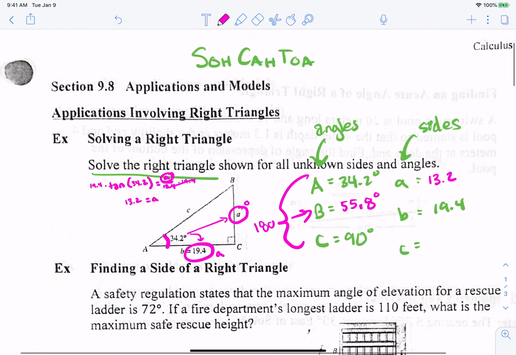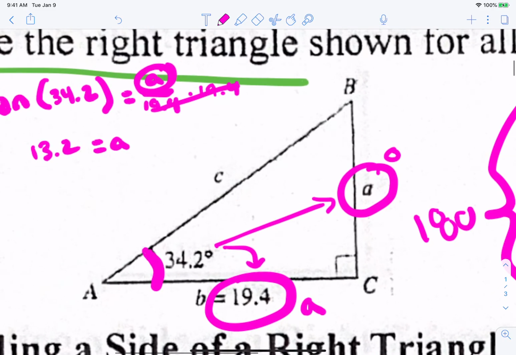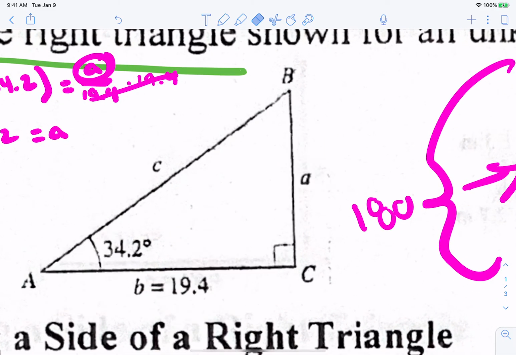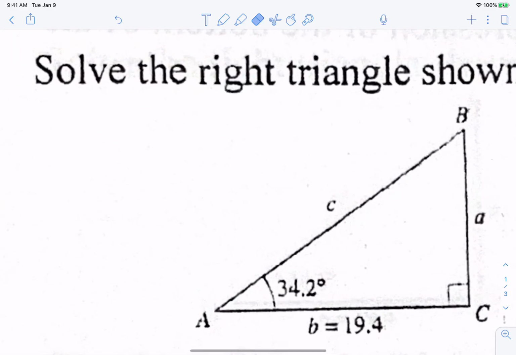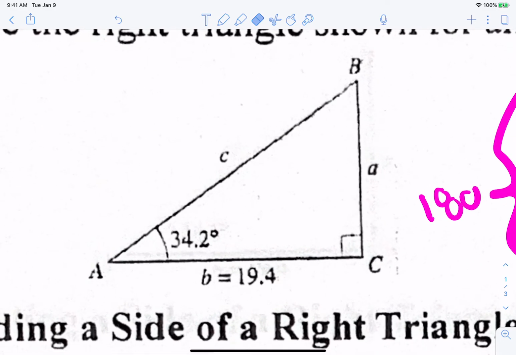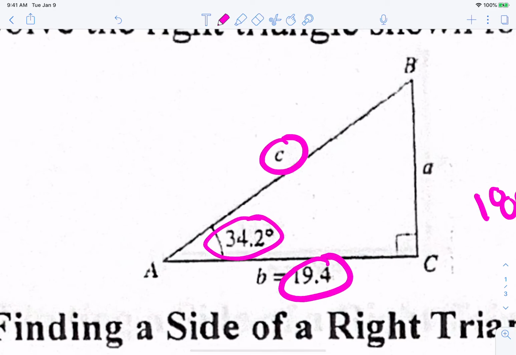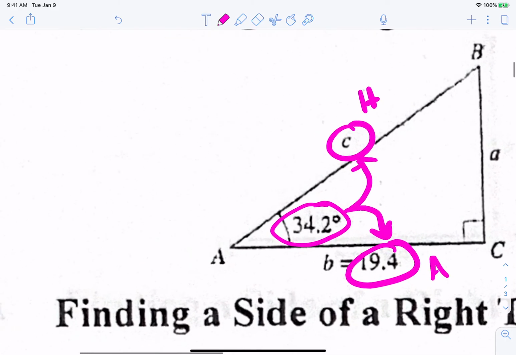Lowercase c. I'm going to do the same thing again. I could use the Pythagorean theorem, but let's do another trig function. I'm trying to find lowercase c, and I'm going to use 19.4 and 34.2. What are these two sides? Hypotenuse and adjacent. So I need cosine.